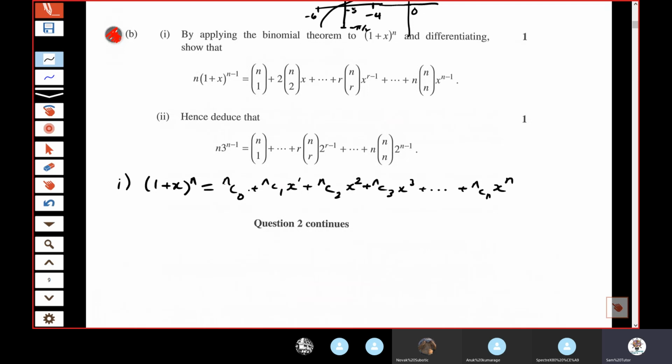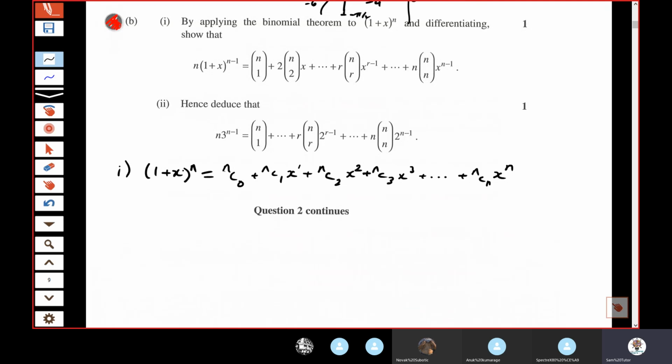It says we applied the binomial theorem, and differentiate this. So what's the derivative of (1 + x)^n? Don't overthink it. n(1 + x)^(n-1), right? Look at this.